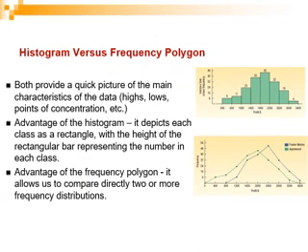So, what is the difference between the histogram and the frequency polygon? Both provide a quick picture of the main characteristics of the data. The highest class is the one from 1800 up to 2200, and the frequency in this case is 45.